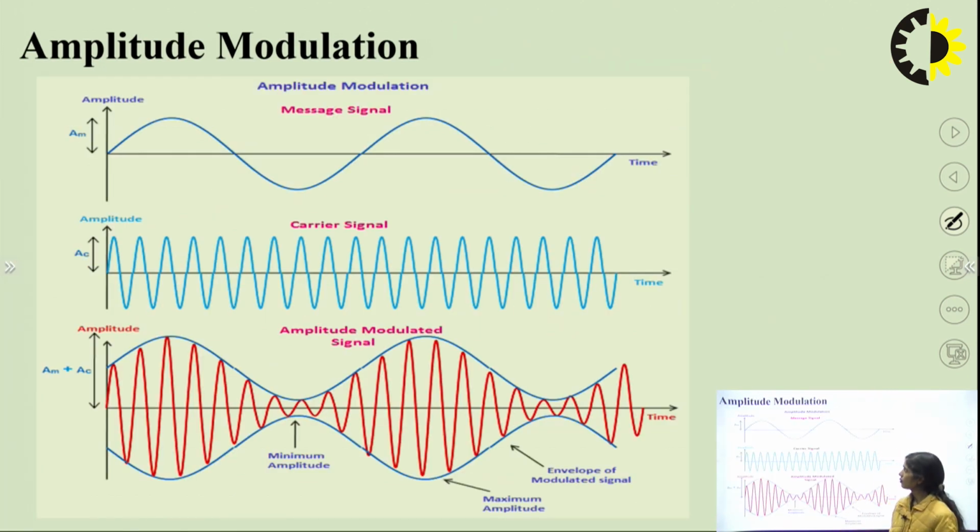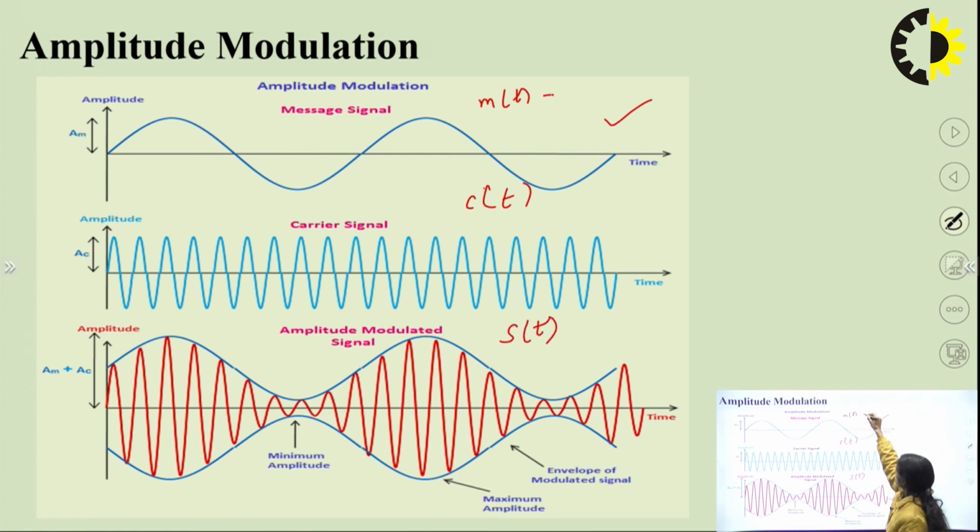Now, if we see it diagrammatically, we have the message signal represented as m(t), the carrier signal represented as c(t), and the modulated signal represented as s(t).